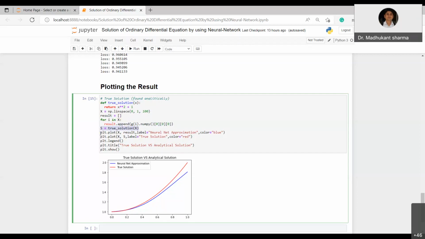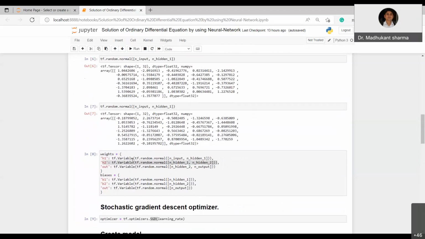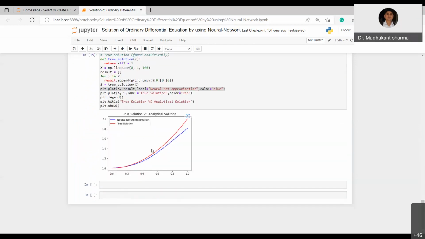Now we will plot x versus result, where result is the value of g at the selected 100 points. So we are going to plot x versus result and x versus our true solution.